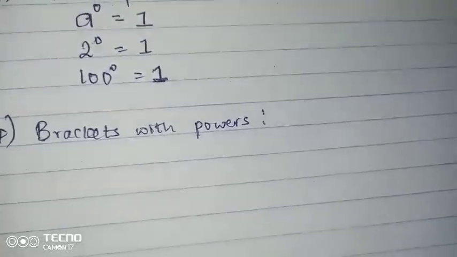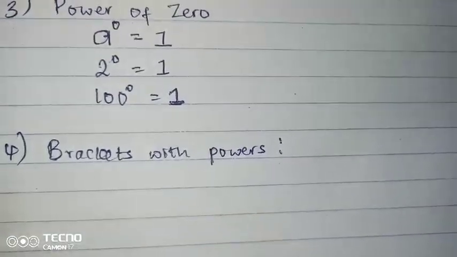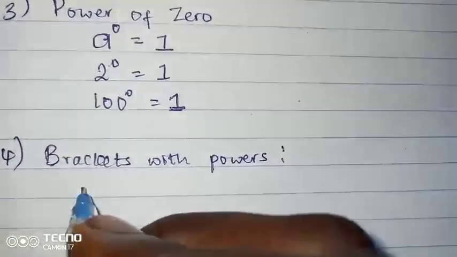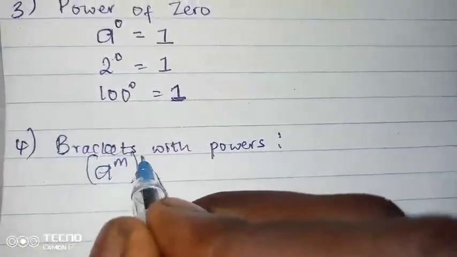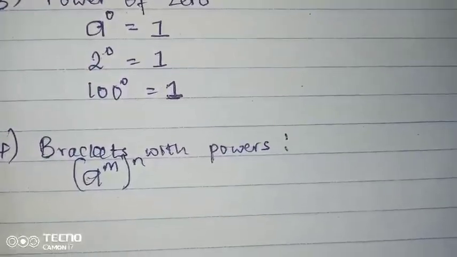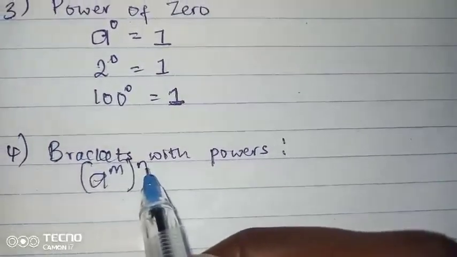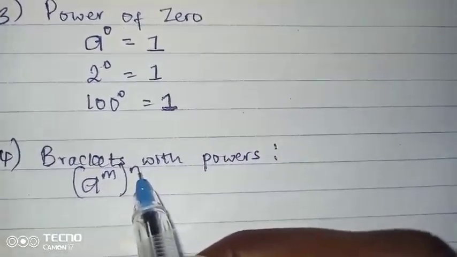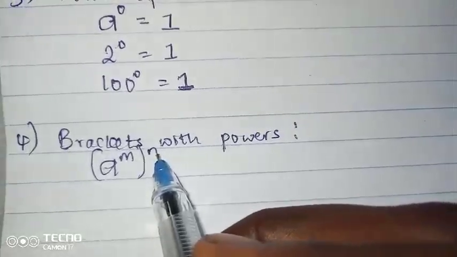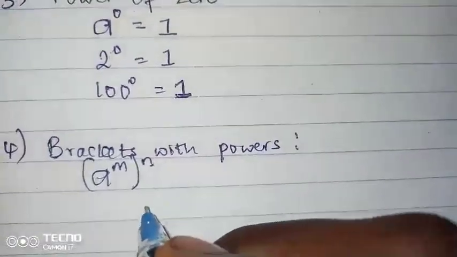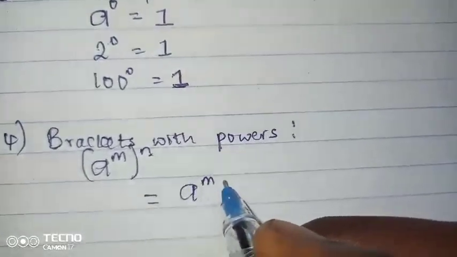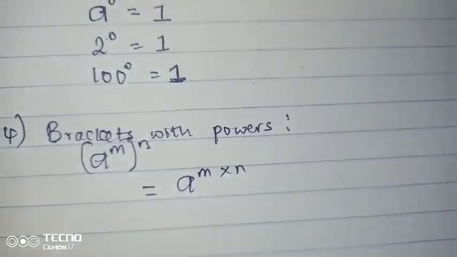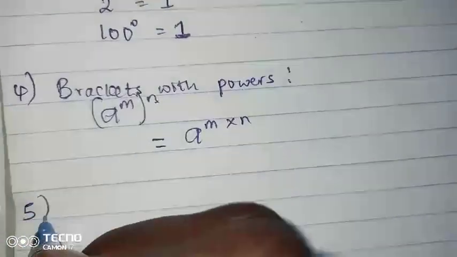So if we have a to the power of m, bracket, to the power of n, you can see that this n is outside the bracket. What this simply means is that we are going to multiply the powers: a to the power of m times n.